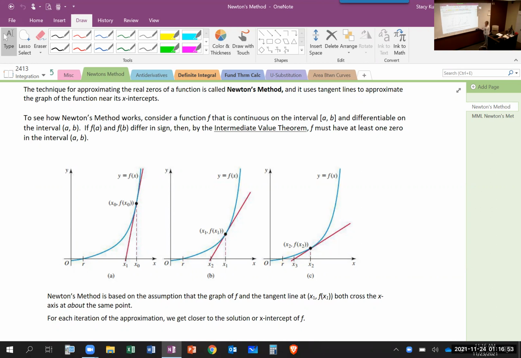So Newton's method is really just a way for us to approximate the zero of the function using derivatives. We're going to practice a couple of those here, and we're going to see how it actually works.